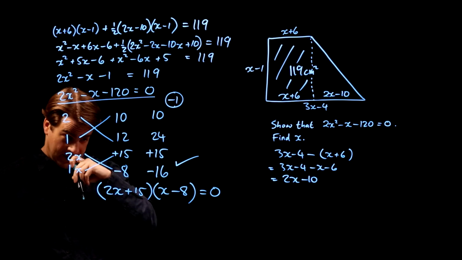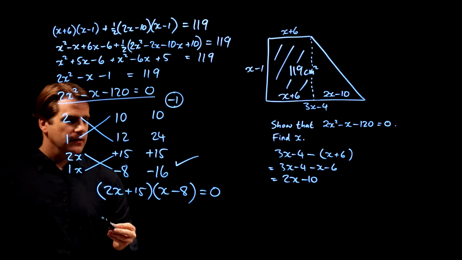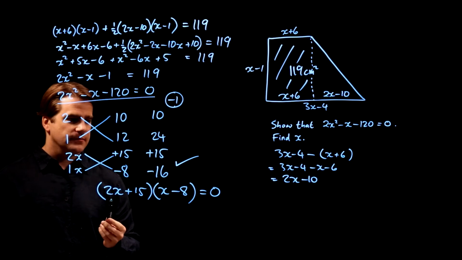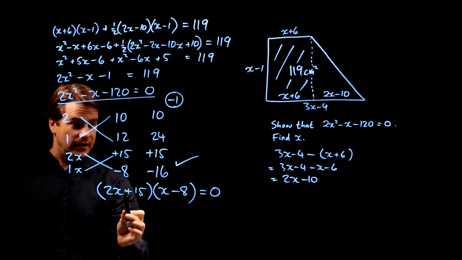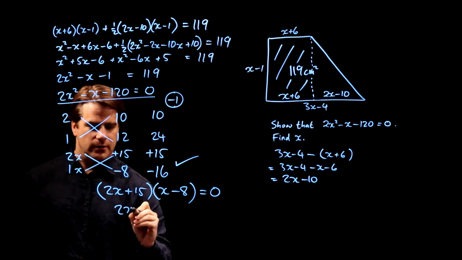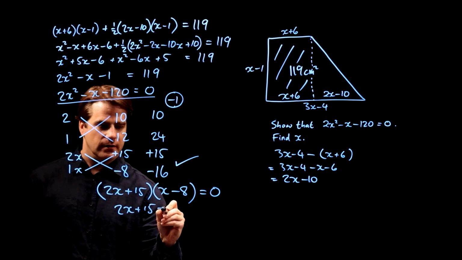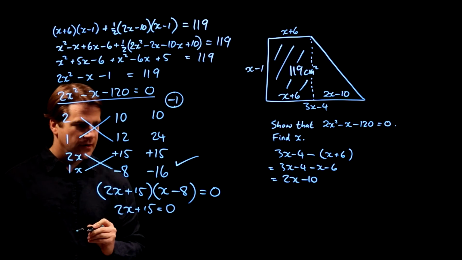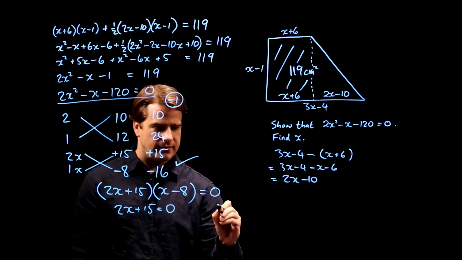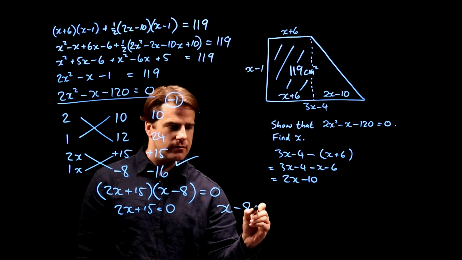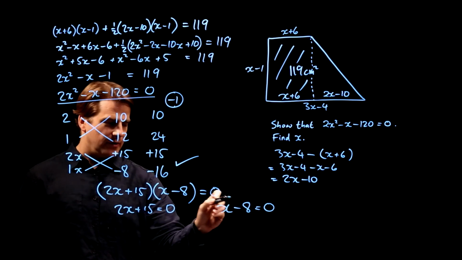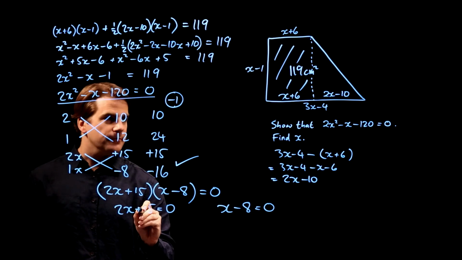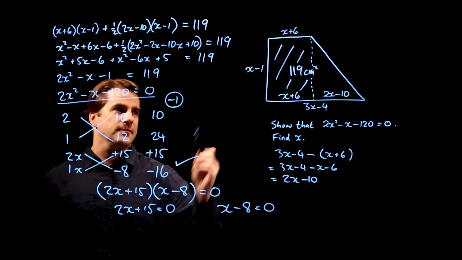Okay, right, now we have to find x. So, 2 things multiplied together gives you 0. That means either 2x plus 15 is 0, or x minus 8 is 0. Well, it's going to be this one because x can't be negative.